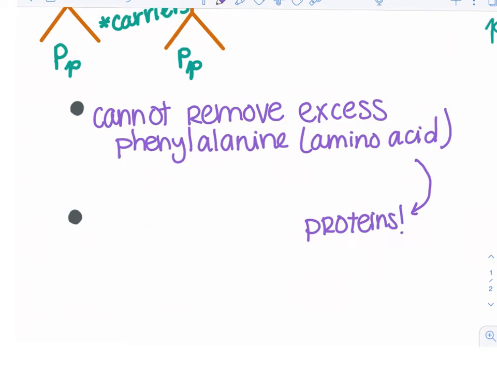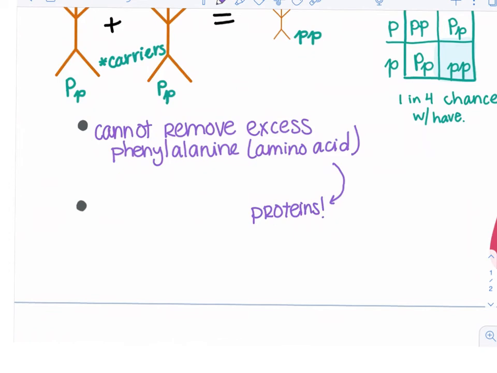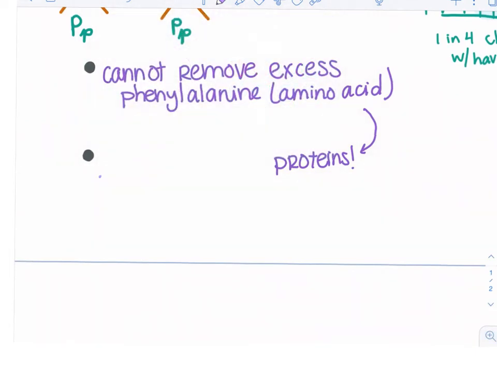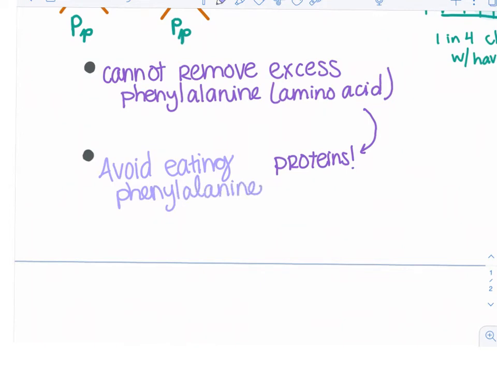So if it is determined that a person has PKU, they can live a long and healthy life, develop completely normal, as long as they avoid phenylalanine in their diet. Avoid eating phenylalanine, which means they have to avoid eating many of the types of proteins. A lot of the proteins that we consume every day do have phenylalanine in them.